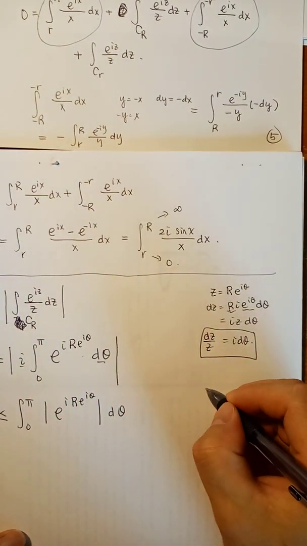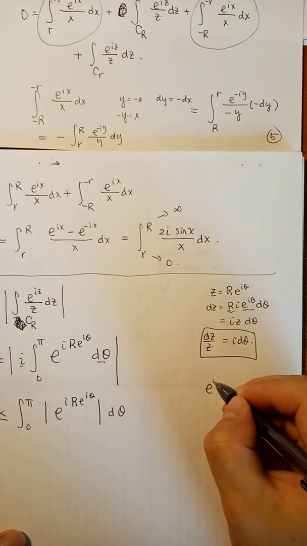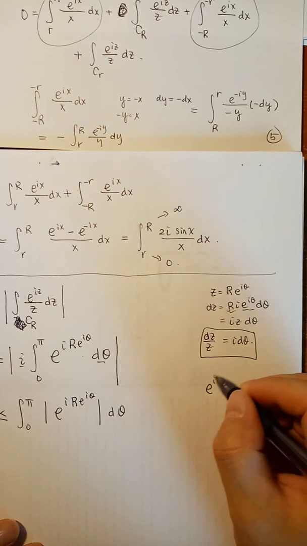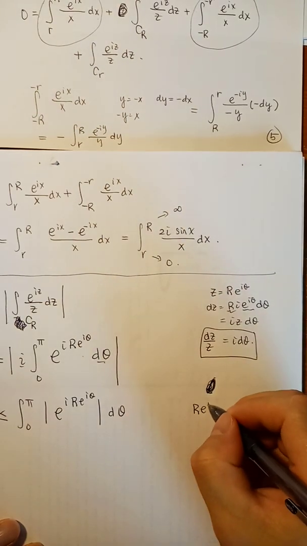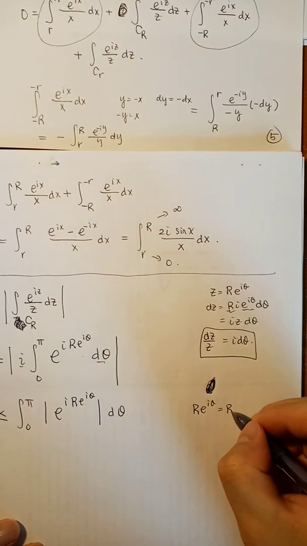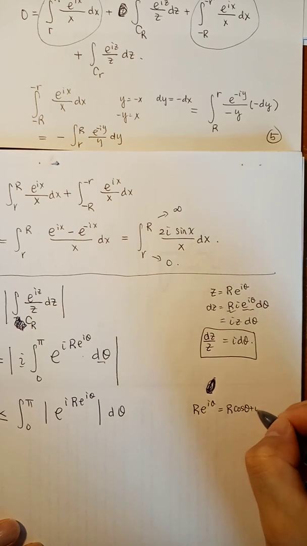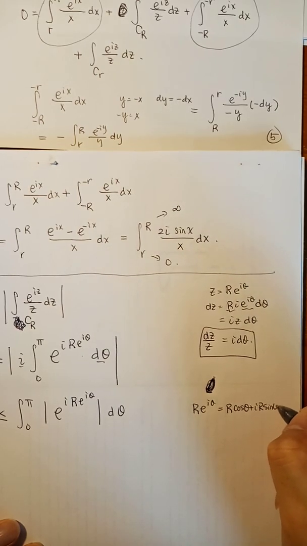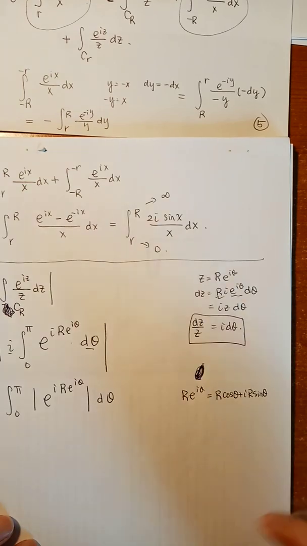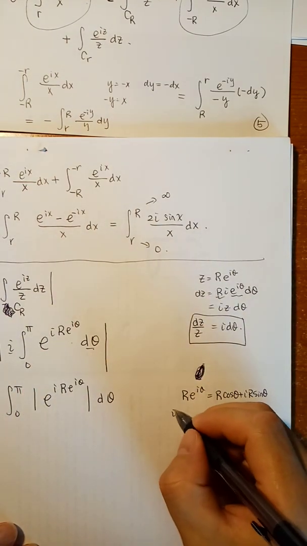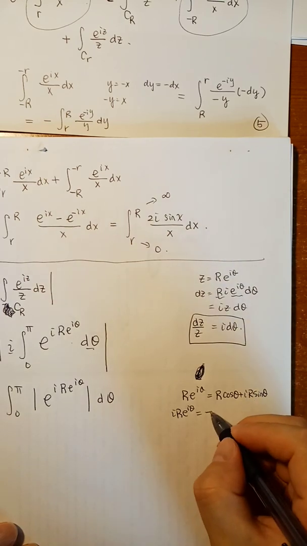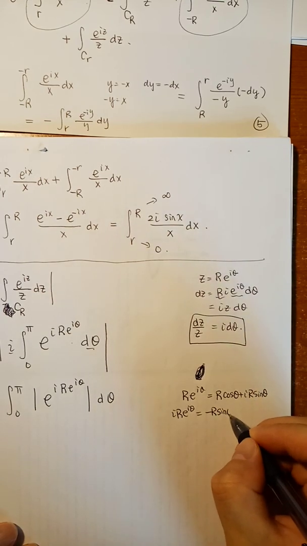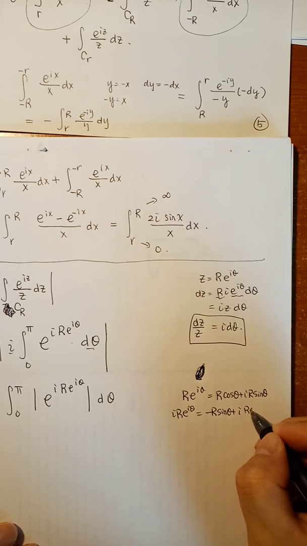Remember that, let's do it step by step. So Re^{iθ} is R cosθ plus iR sinθ, and times i is negative R sinθ plus iR cosθ.